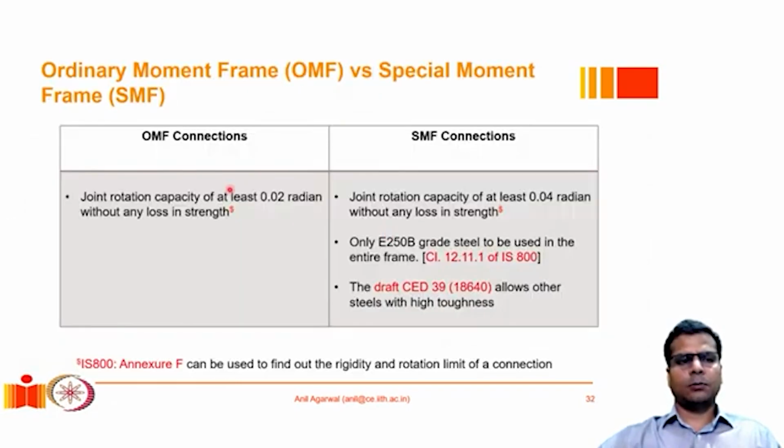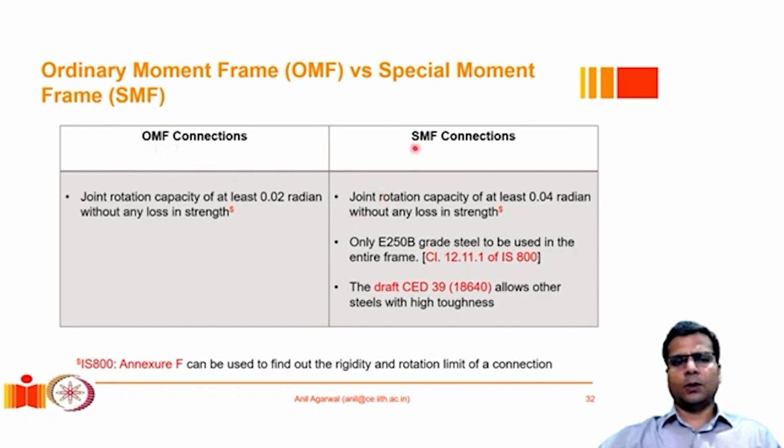So as I was talking about an ordinary moment resisting frame versus a special moment resisting frame. An ordinary moment resisting frame is basically a less ductile type of a rigid connection. It's also a rigid connection. Sometimes even semi-rigid connections are permitted or can be considered as an ordinary moment resisting frame element.